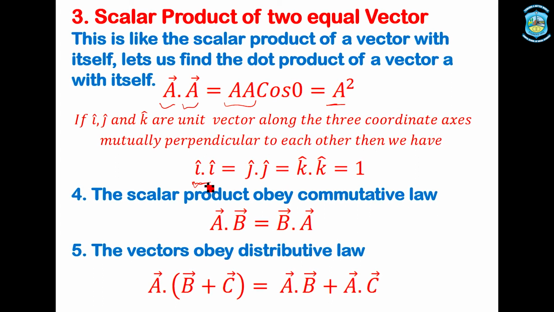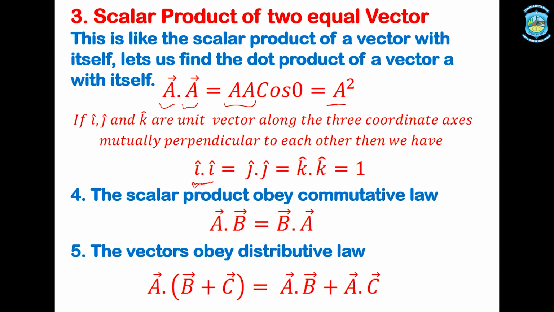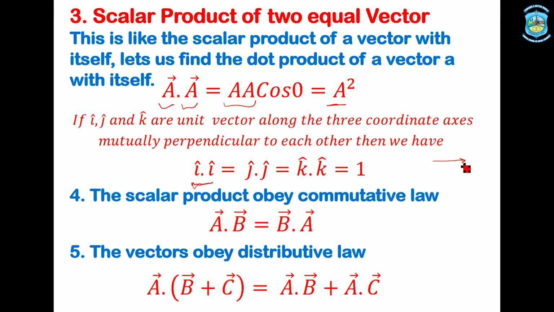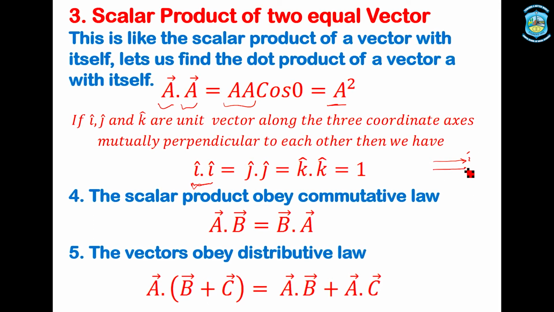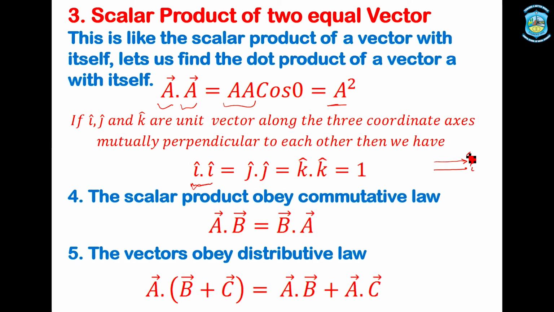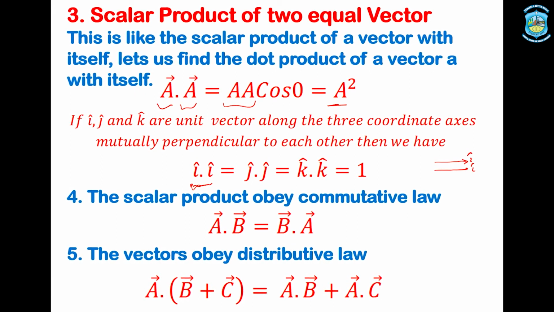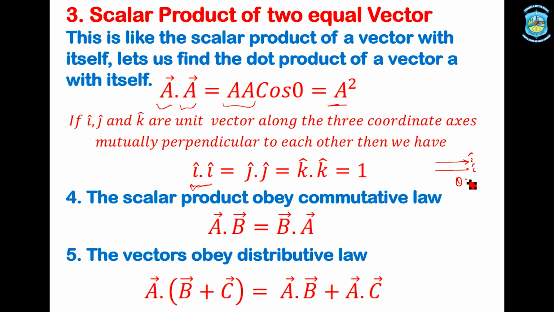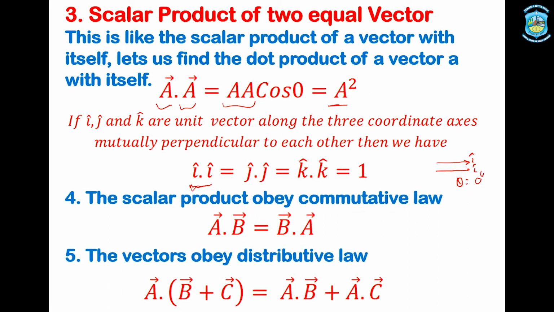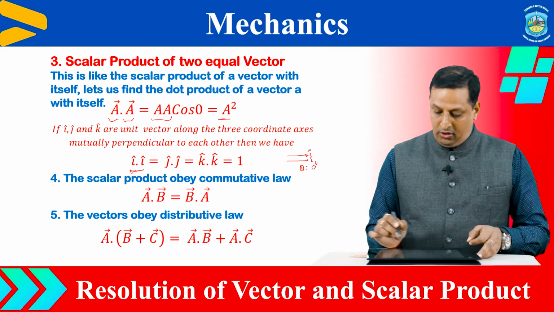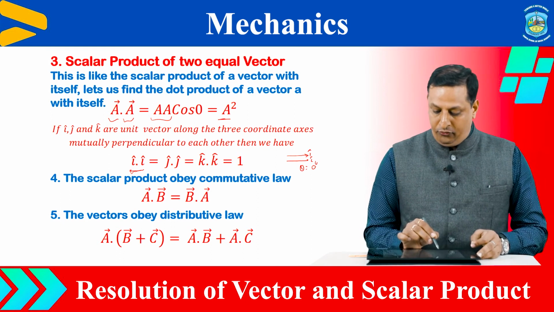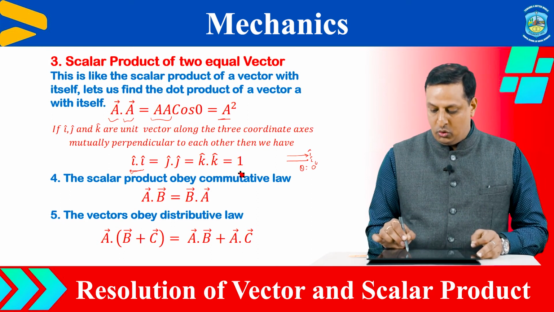Since they are forming an angle of 0 degrees with each other, as they are equal vectors, if i cap is acting along the x-axis, it is quite obvious that another i cap will also be acting along the x-axis, and that is the reason they will be forming an angle of 0 degrees with each other. And we all know that cos 0 equals 1, and therefore i dot i equals 1.